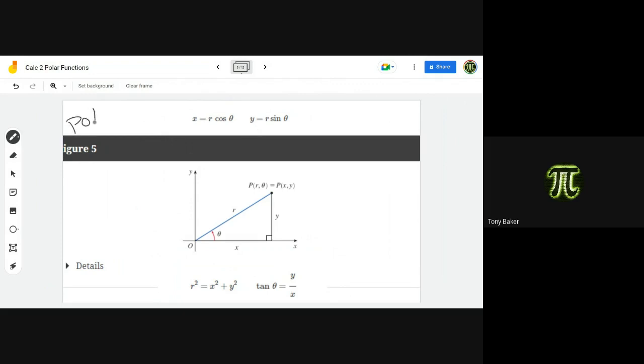So this is polar to, actually, I'm just going to put XY. It's easier than writing Cartesian. So if I have a polar point and I want to go to the XY coordinates, I would use this. X is r cosine theta, and Y is r sine theta.